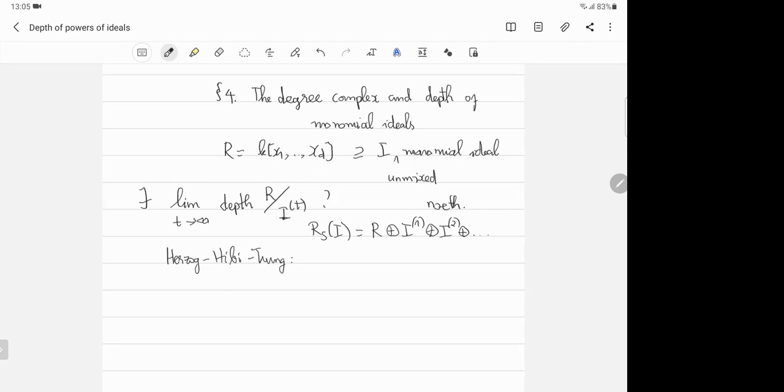And then from this, you can deduce that this symbolic depth function, which I call the symbolic depth function of I, is eventually periodic.